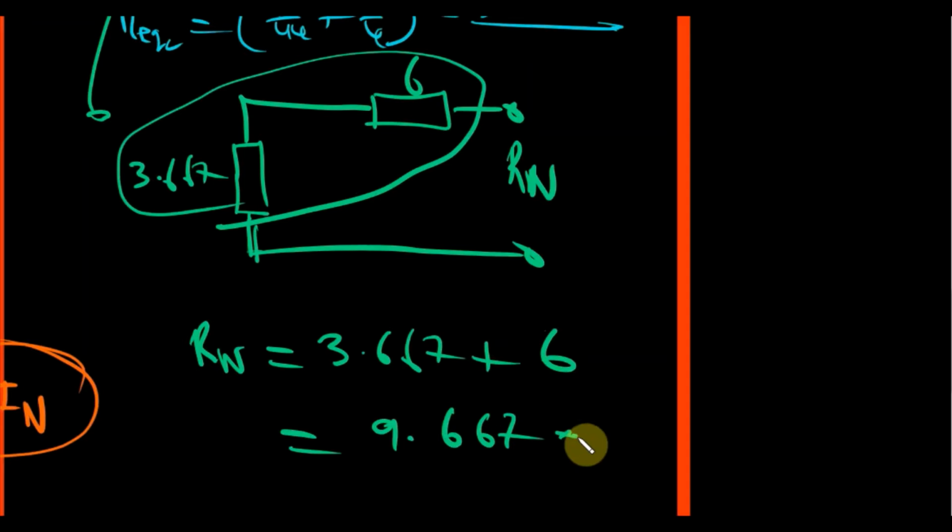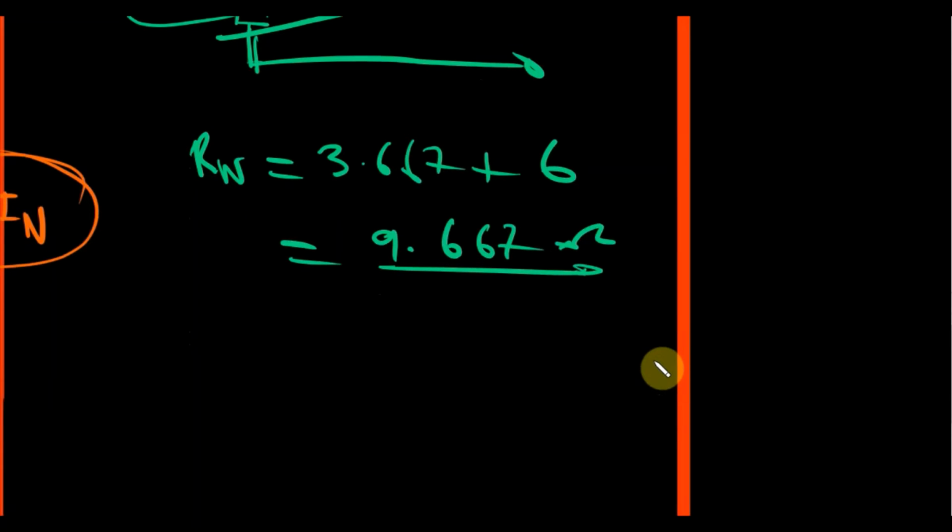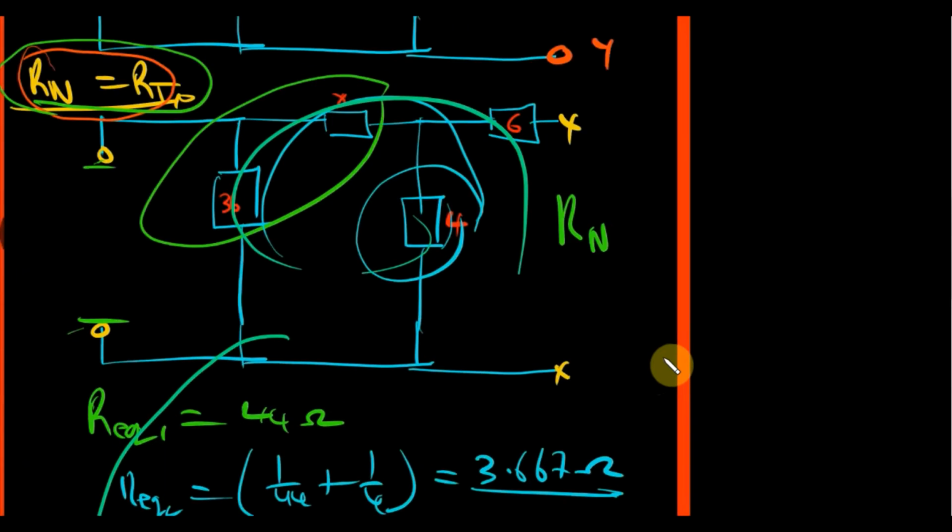That is 9.667 ohms. So we have R Norton 9.667 ohms.